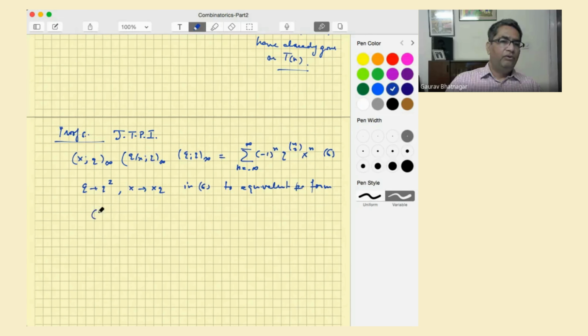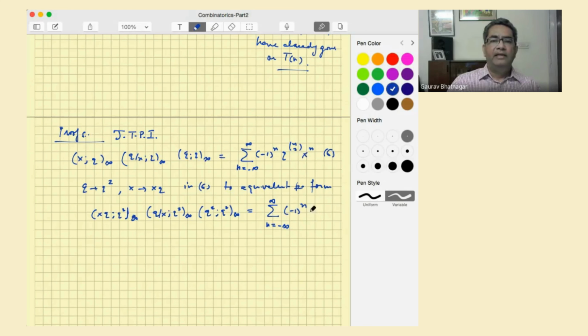And that equivalent form is (x cube q square; q square)infinity, then (q square divided by x cube; q square)infinity, so that again (q by x; q square)infinity, and then (q square; q square)infinity, and the sum for n equal to minus infinity to infinity of minus 1 raised to n.